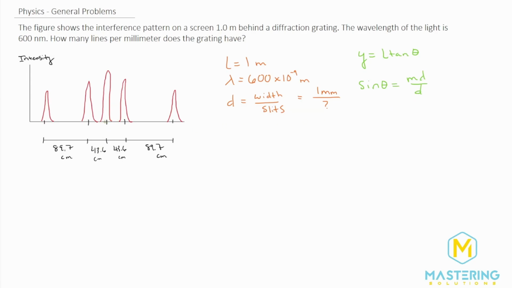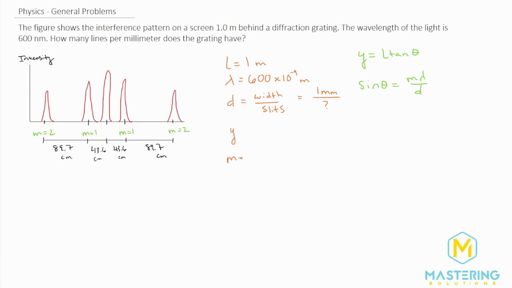We know that this peak right here is the central max, and off to either side, they're equally spaced. So that is m is 1, and these ones will be m is 2, m is 2. So we can use this delta y from the central max out to a bright fringe for our y value. We can add that to the list here.